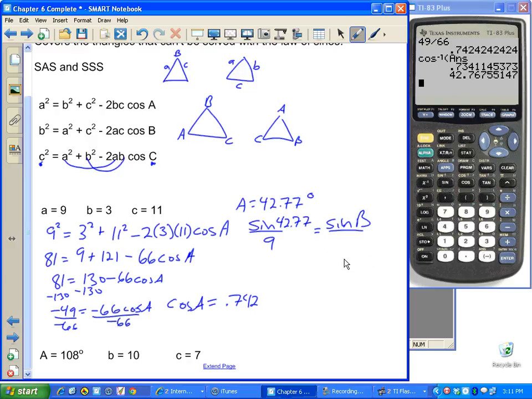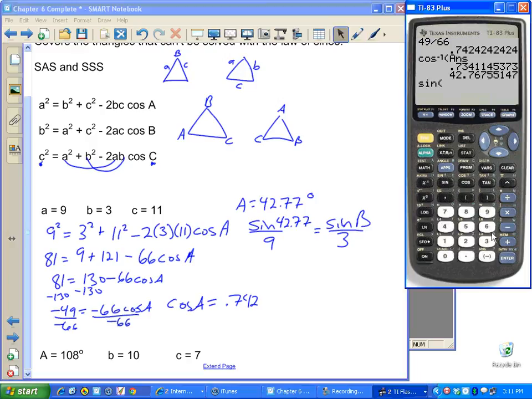B is actually 3. So I'm going to do sine of that times 3 divided by 9, and I get that. That's what the sine of B is. So I'm going to sine inverse that to find out what angle B is. I get 13.08 degrees.